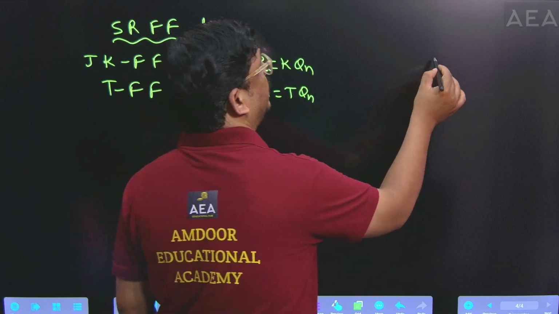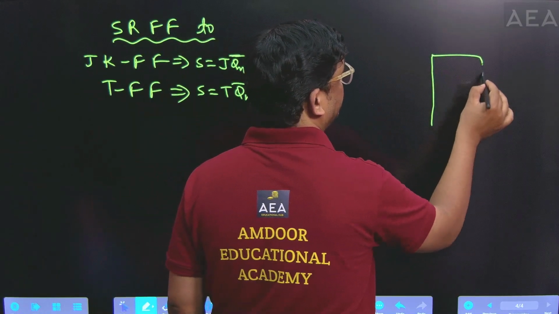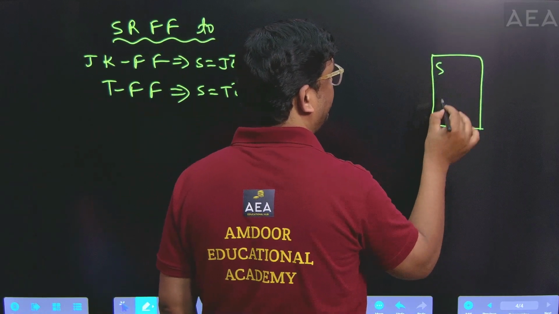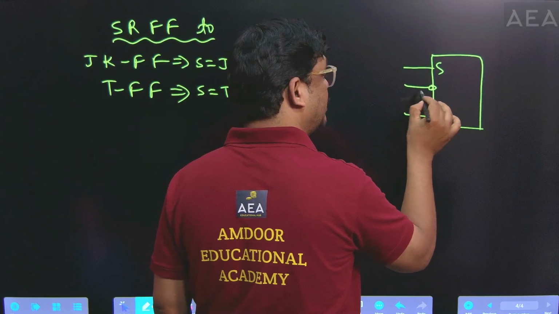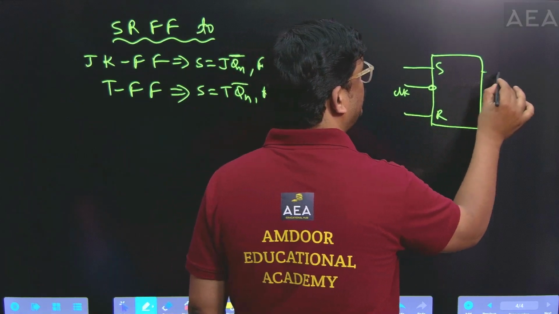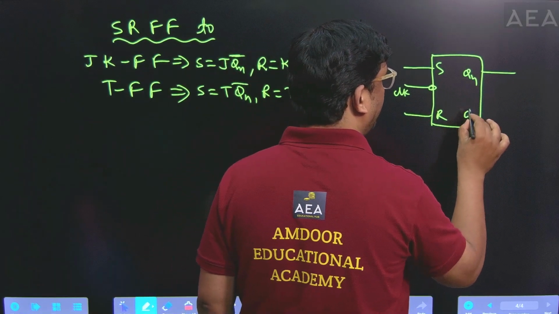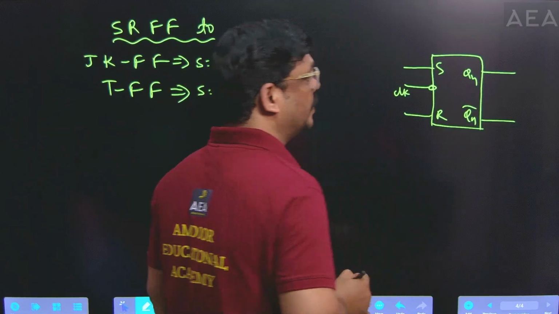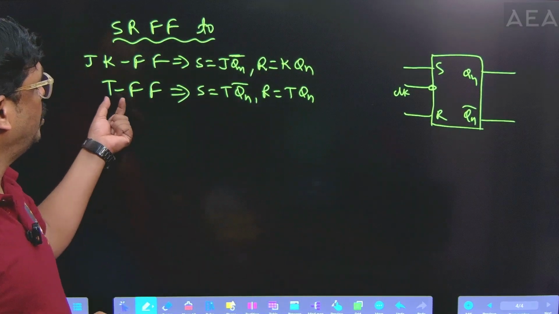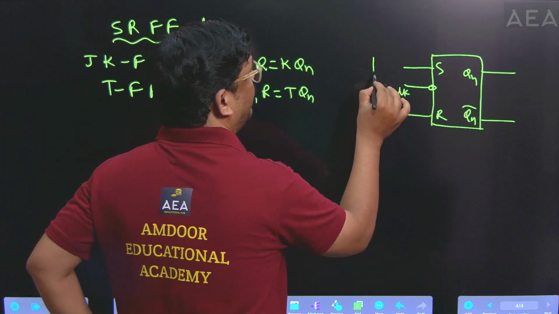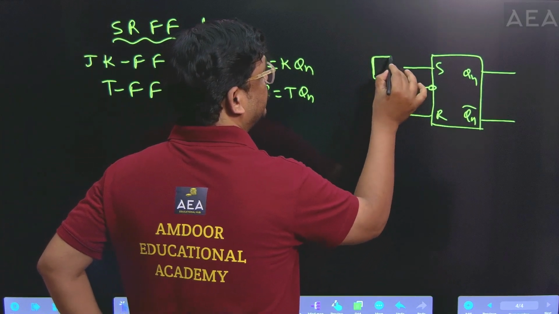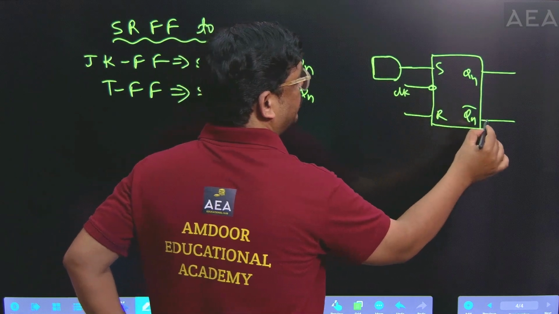So let us take the diagram here. Now I'm taking the SR flip-flop. The available flip-flop is the SR flip-flop, and the clock signal is connected here, which has two outputs QN and QN bar. Then how to convert it into a toggle flip-flop? We want S is equal to T QN bar. So draw one AND gate here, similar to the JK flip-flop conversion.